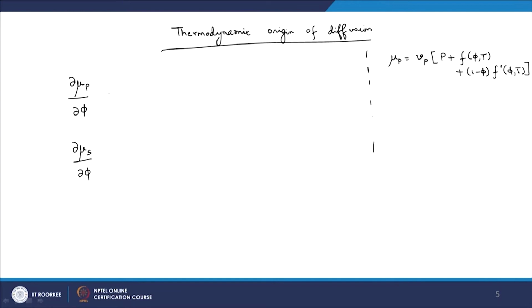If I take a derivative, that is equal to V p times, p of course does not depend on composition, so we have f prime of phi, t plus 1 minus phi f double prime of phi, t, minus, the derivative of 1 minus phi is minus 1, f prime of phi, t.